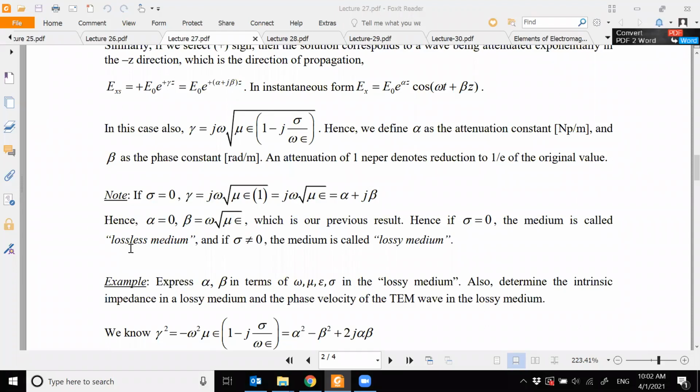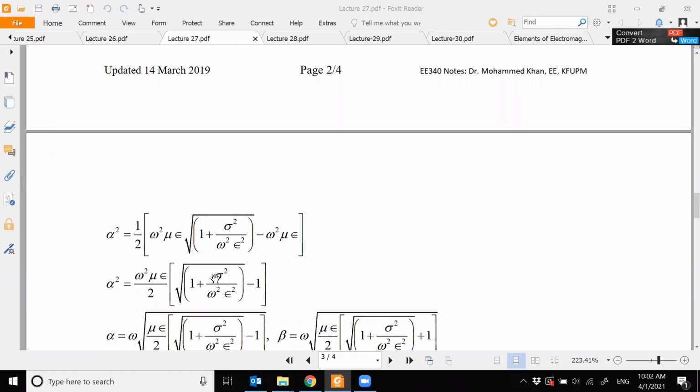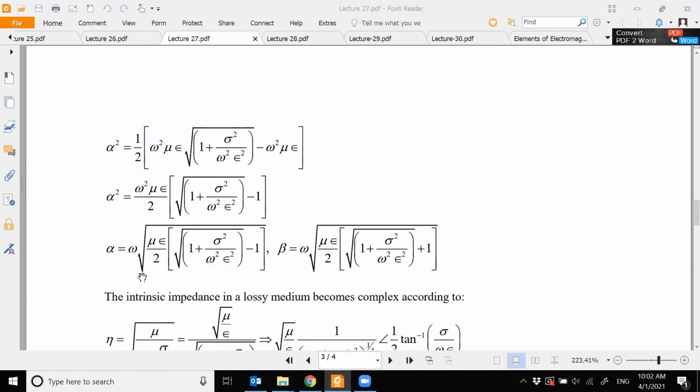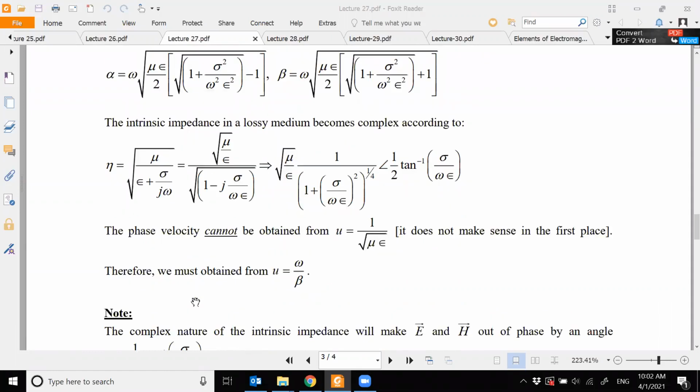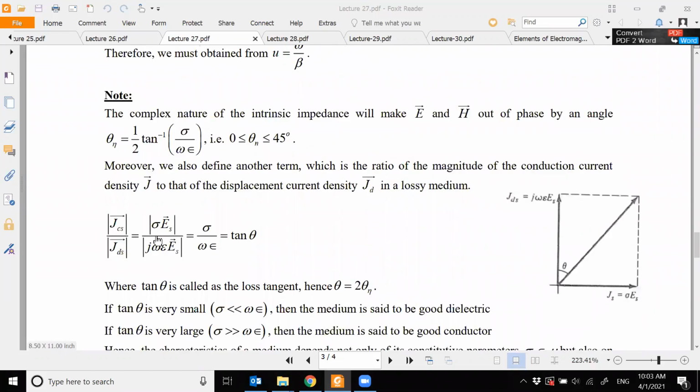Now we also looked at our alpha and beta values, and then the intrinsic impedance. And then we looked at our loss tangent, and how loss tangent can change the behavior of a material from a good conductor to a good dielectric.